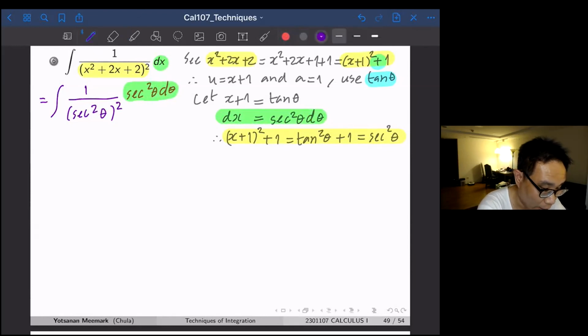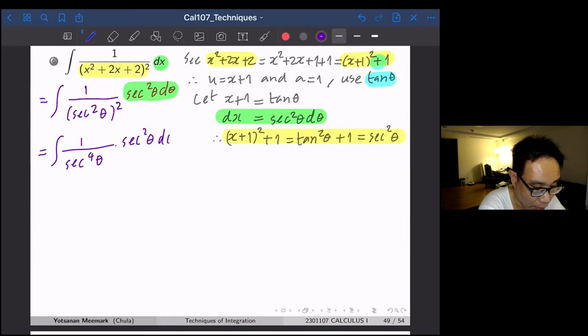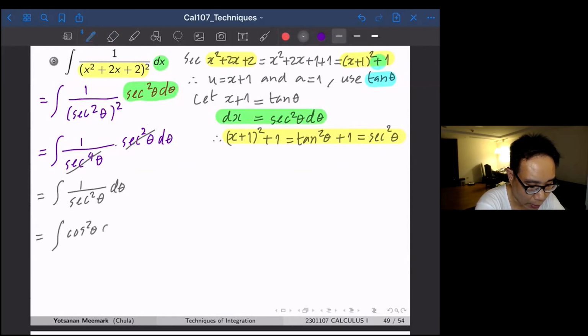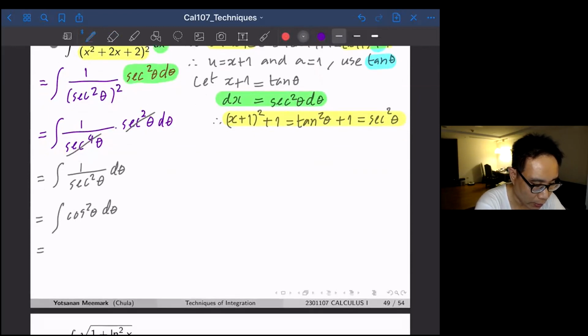And this guy will be integrate 1 over secant to the 4th theta multiplied with secant square theta d theta. Okay, and you'll be able to cancel secant square with secant square, so you end up with 1 over secant square. So it's going to be integrate cos square.